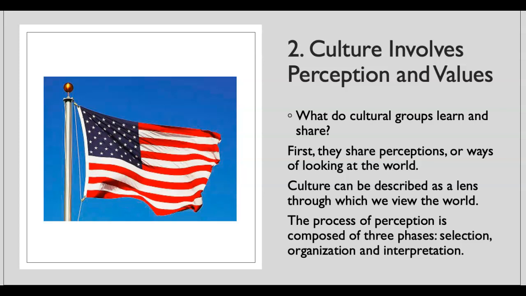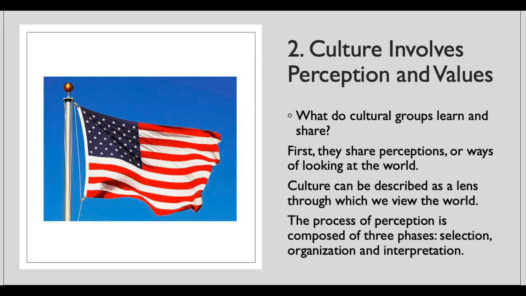So, for instance, when we are looking at this American flag, we would be reminded of this idea of freedom, this idea of patriotism, this idea of opportunity, the land of opportunity. The idea that we are safe when we see that flag.